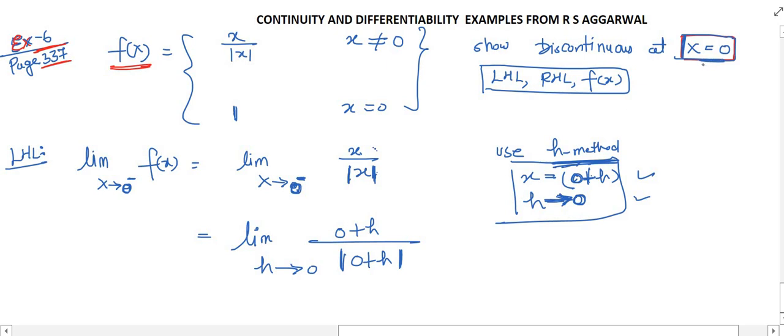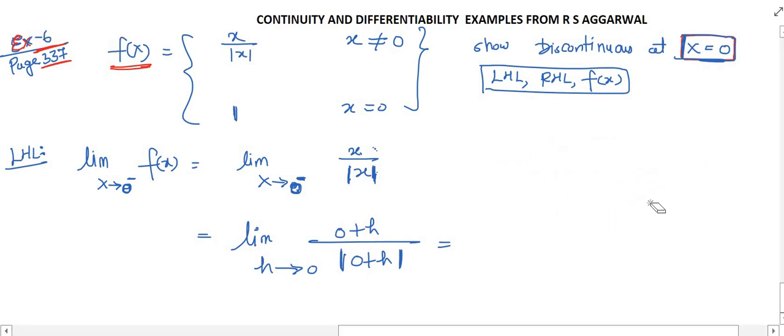If we have to test it at 2, then we will write 2 plus h. If we have to test at 4, then we will write it 4 plus h, and so on. Okay, so here we are getting this. Now we just need to solve it. So let's see the steps. After this, steps are simple.